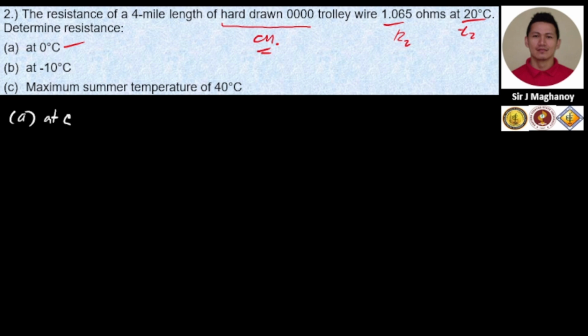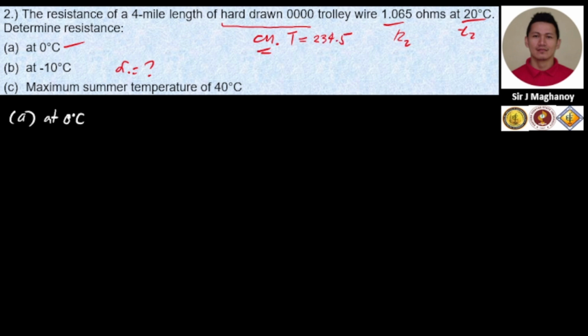At 0 degrees Celsius. But before anything else, the temperature coefficient is not mentioned. Right? If we assume copper, we all know that the inferred temperature for copper is 234.5.